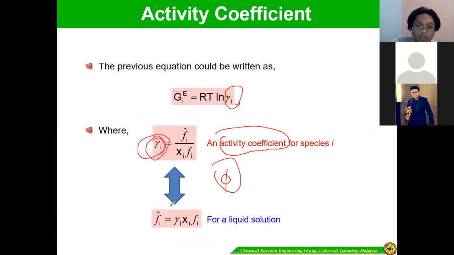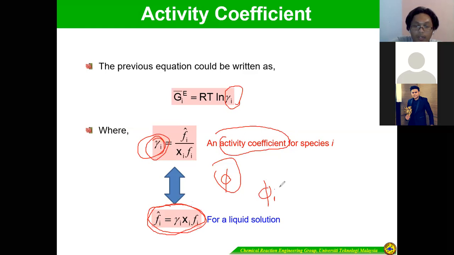To determine the fugacity of the species in solution, we multiply by gamma_i. Previously we used phi_i, if you remember, and then y_i times P. That is how to determine it.